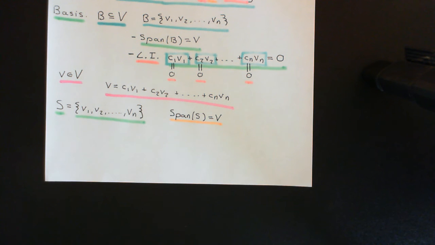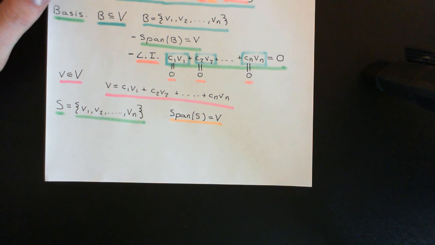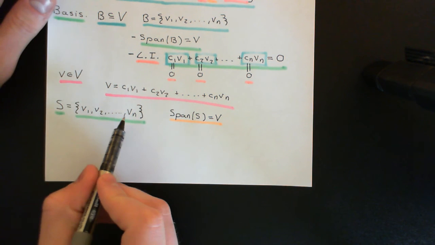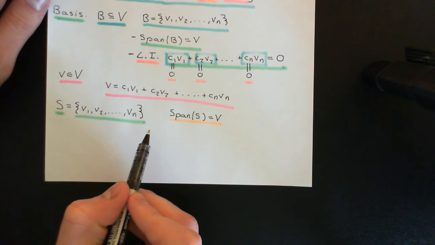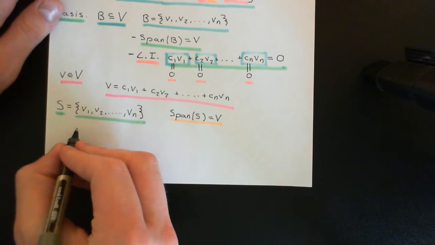Well, if it is not linearly independent, what does that then mean? Well, that means that there must exist a non-trivial linear combination of these n vectors which gives the zero vector. So I'll just write that down.